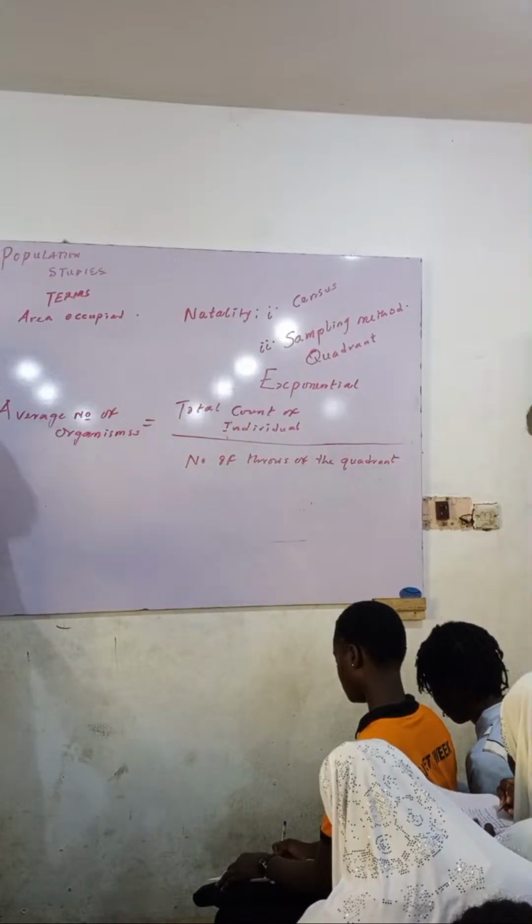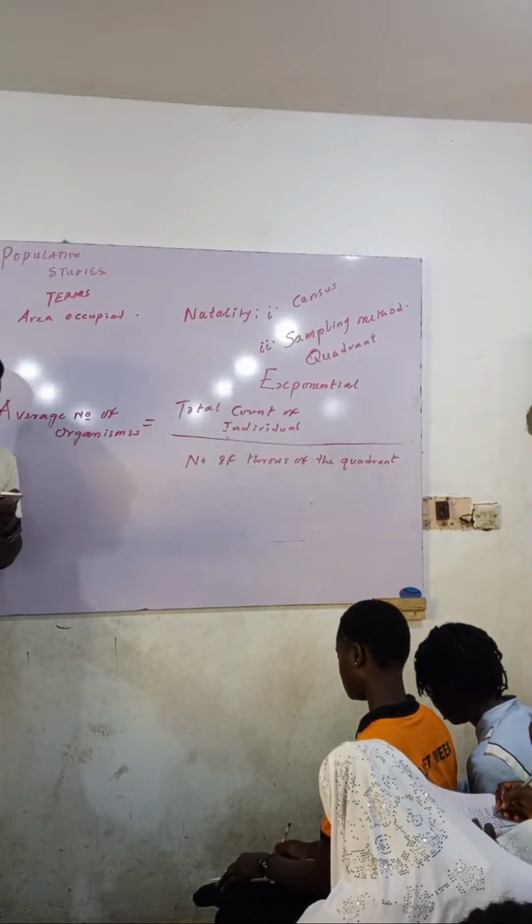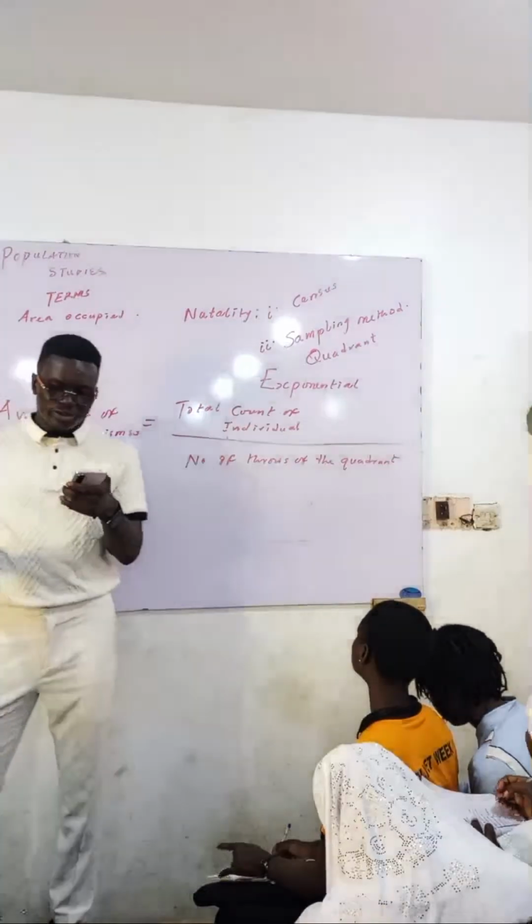Total counts of individuals over the number of throws of the quadrants.